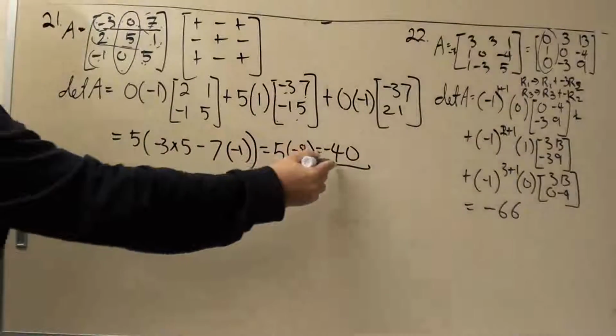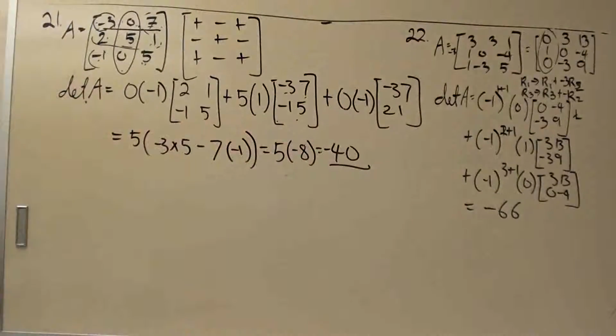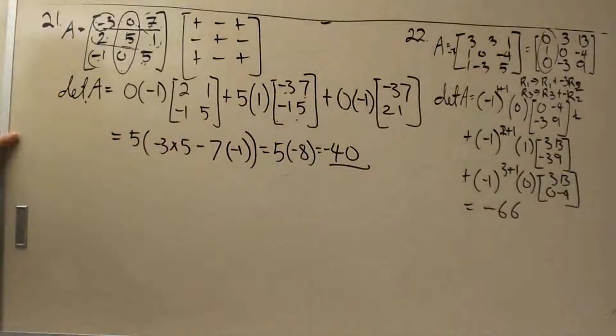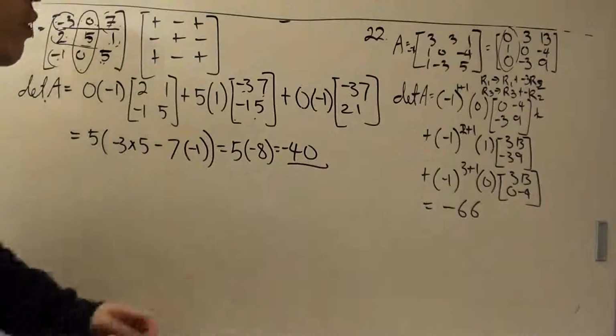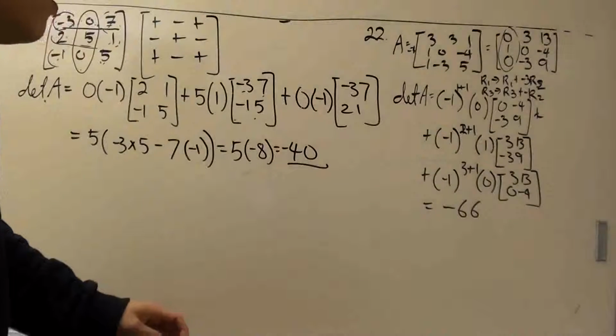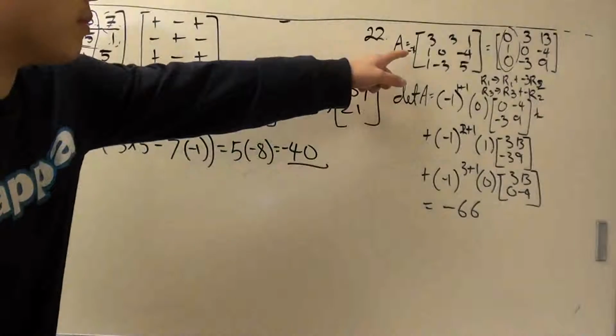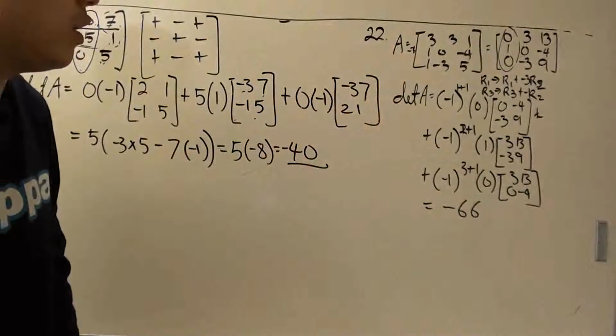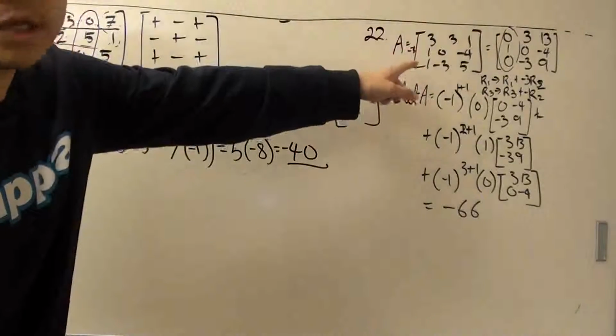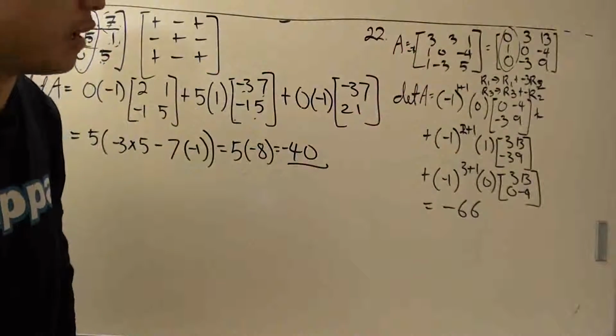I know it's all the way up there, but quite often the question will take that long. Question 22 is essentially the same idea. The only difference is that I had to go through some minor elimination just to make sure that I have 2 zeros, because you're not always going to get 2 zeros. If you could, that would be awesome.